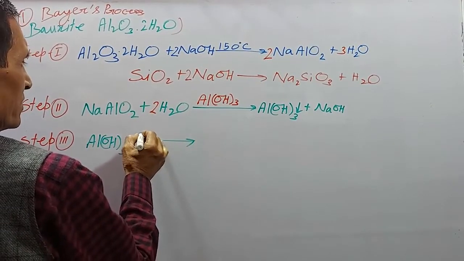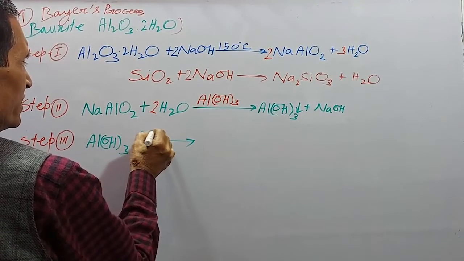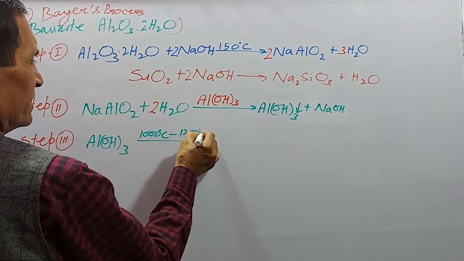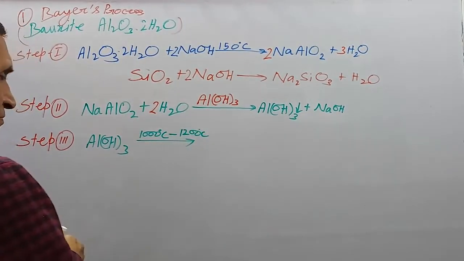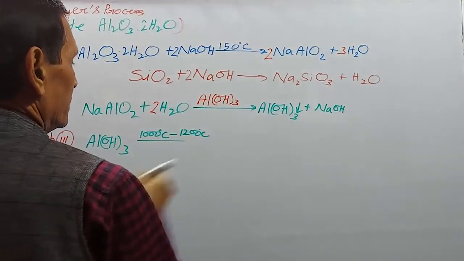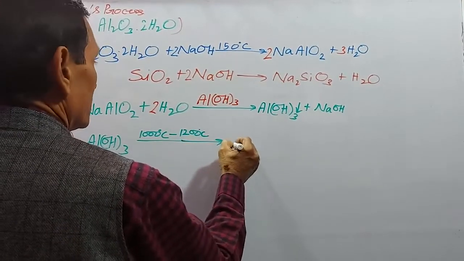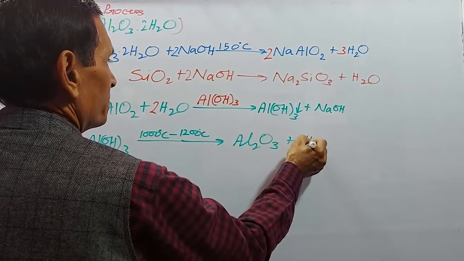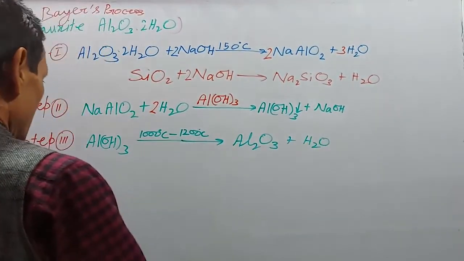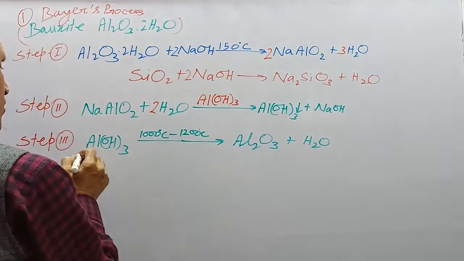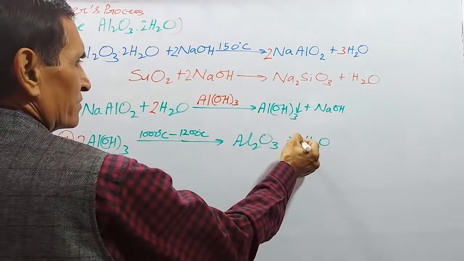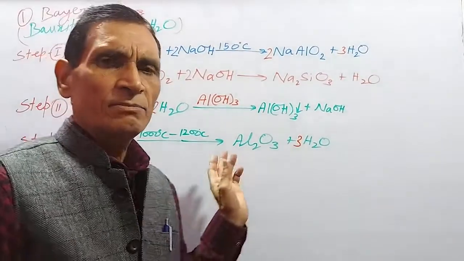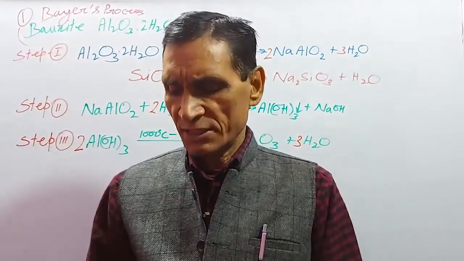Temperature of 1000 degree centigrade to 1200 degree centigrade is given. There is formation of pure alumina plus H2O, and we will balance the equation. In this way we get pure alumina free from impurities.